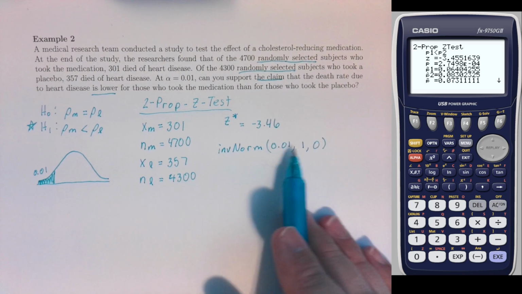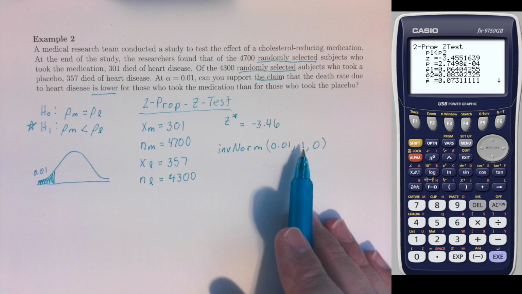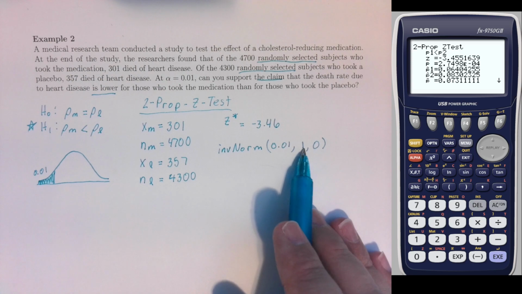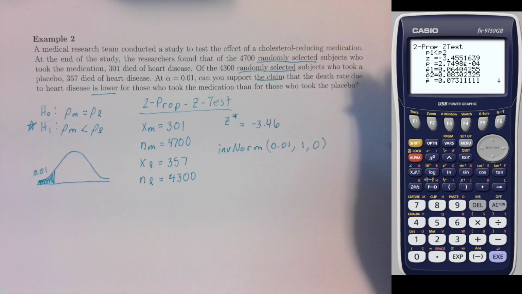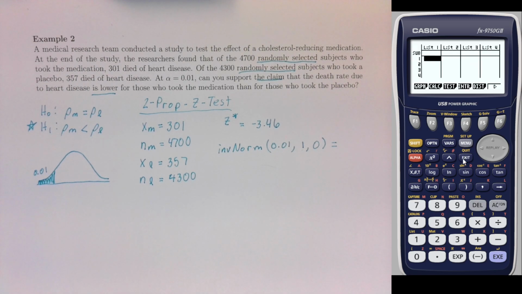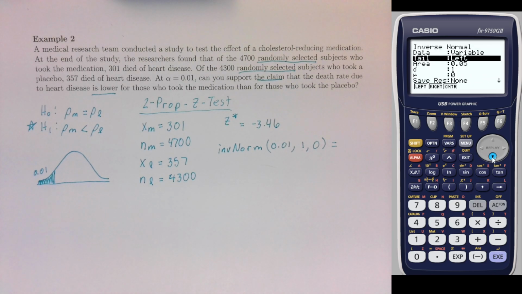Remember, when you're finding critical values, you're using the standard critical value. So this will always be 1, 0. It won't match the sigma or the mu from the problem. So if we go there, it's under distribution, normal, inverse normal, left area 0.01, and we're good.